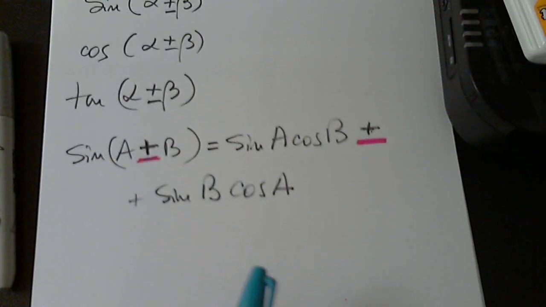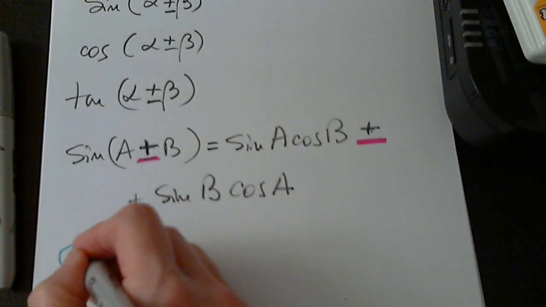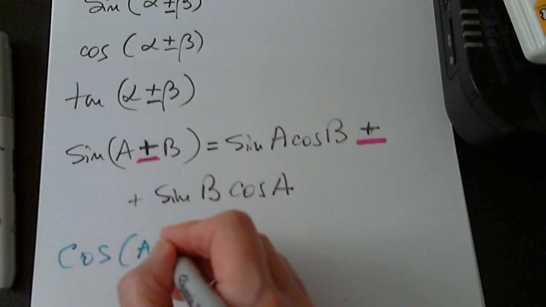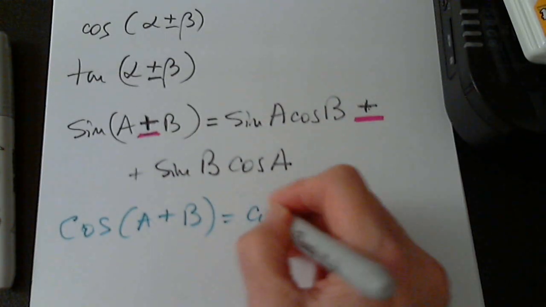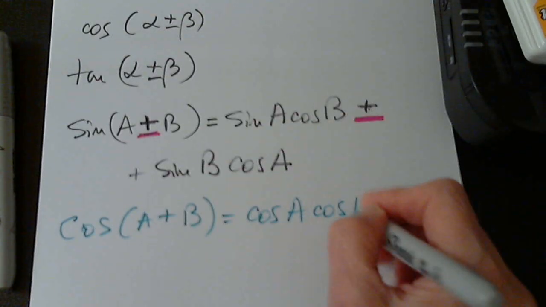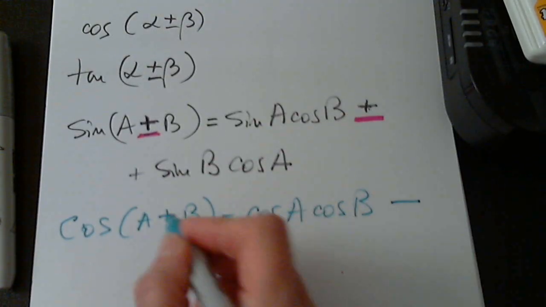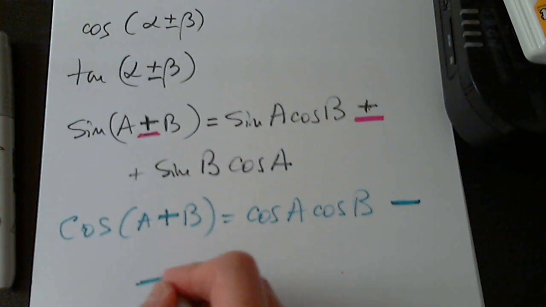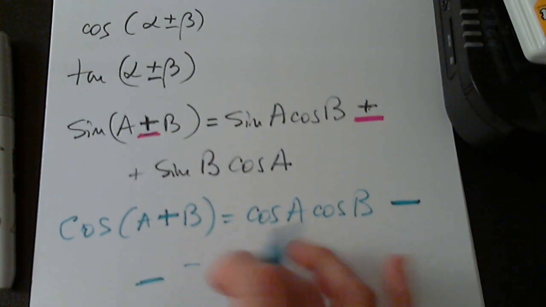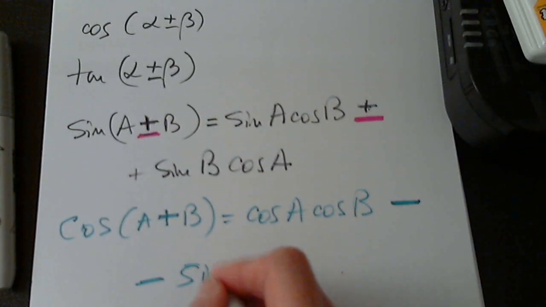Cosine is totally different. Cosine of A plus B is cosine A cosine B, but minus. So if this is positive, this is minus. You remember I like to write so you know if something follows.